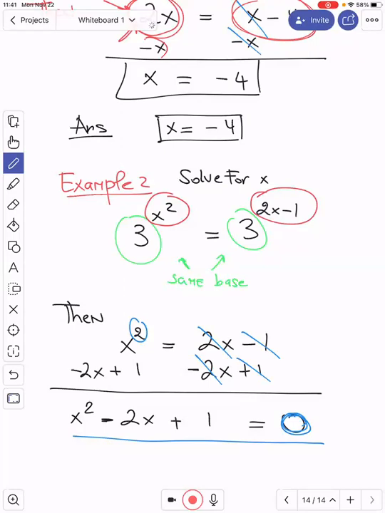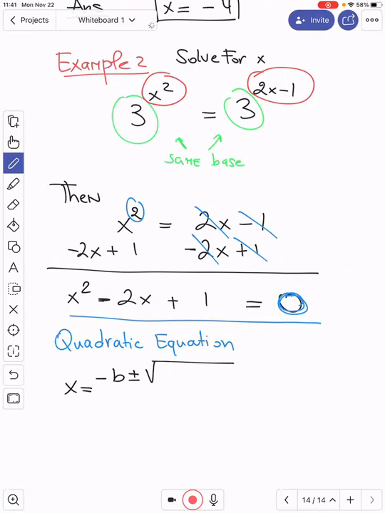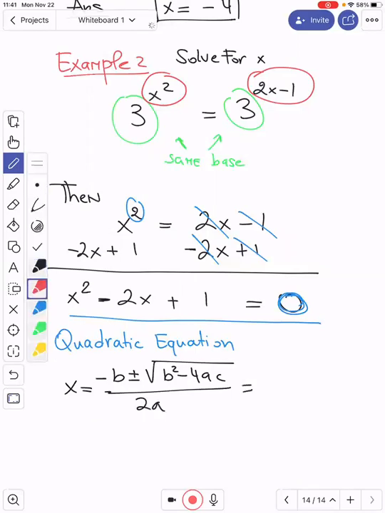And of course, when you have a quadratic equation, you need to apply the quadratic formula. That's minus b, plus or minus the square root of b squared minus 4ac, over 2a. Your b is negative 2, so that's minus negative 2.